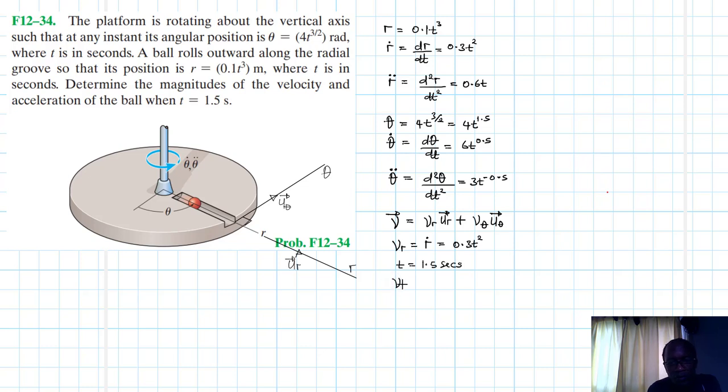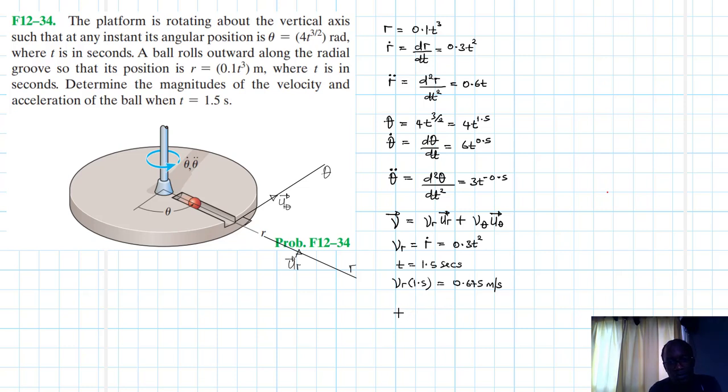Therefore v r at 1.5 seconds is, let's plug in those values, 0.3 times 1.5 squared. This gives us 0.675 meters per second.